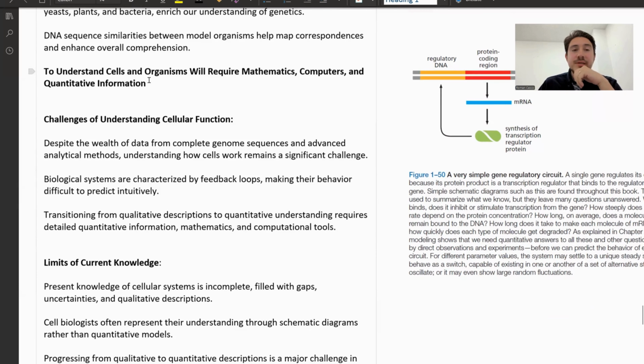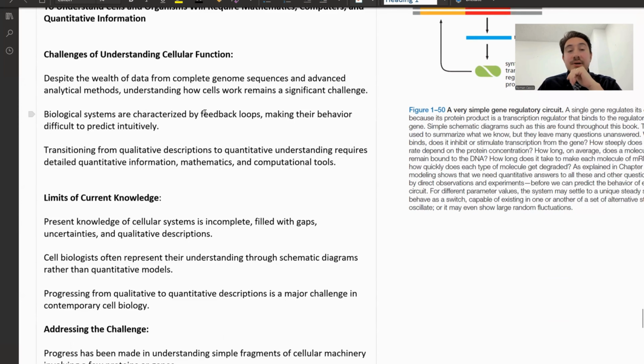So to understand cells and organisms will require mathematics, computers, and quantitative information. So it's quite interdisciplinary, if I can say. Understanding cellular function, of course, does have challenges, right? There is a lot of data, especially nowadays with high throughput sequencing, single cell sequencing.